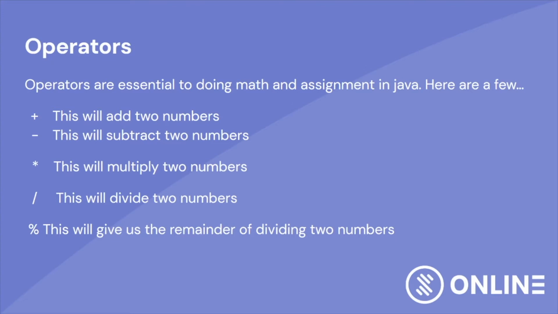We already saw that. A subtraction sign will subtract two numbers, or ints. A multiplication sign will multiply two numbers. A division sign will divide two numbers. And this percent sign will give us the remainder of dividing two different numbers.